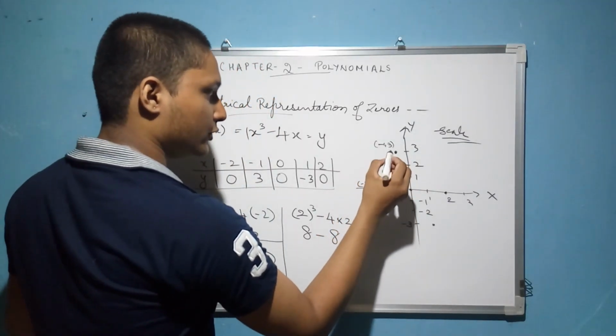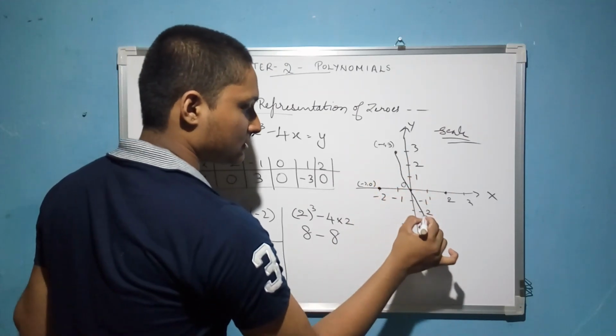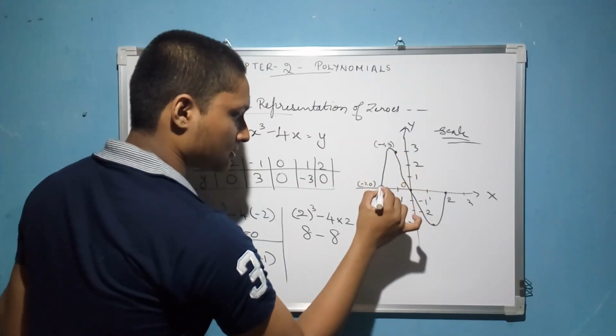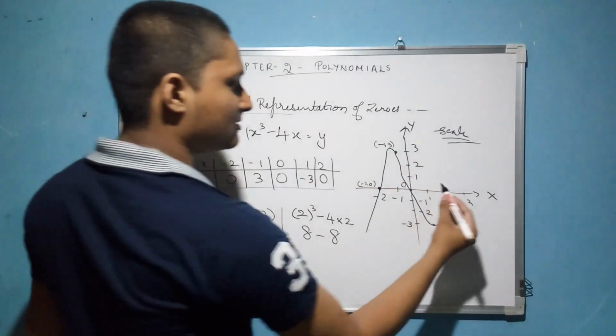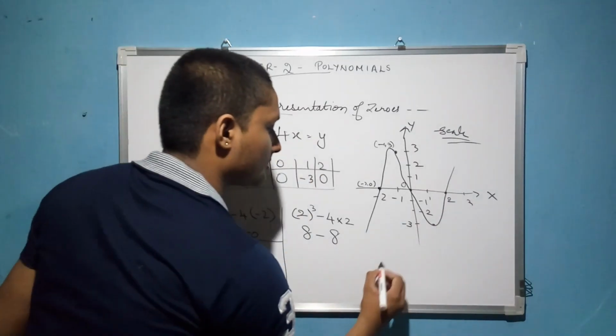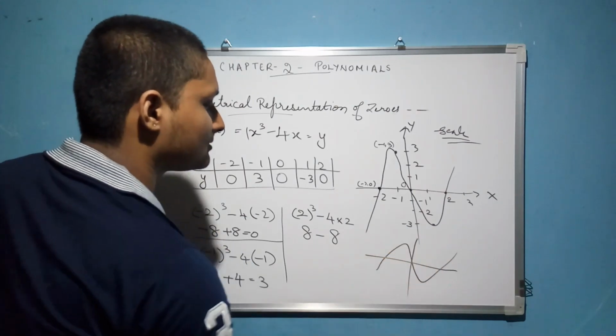So this is not going to be a straight line, however. Let me join this part first. This is just a rough one. So it is somewhat like this. This is the graph, somewhat you get.